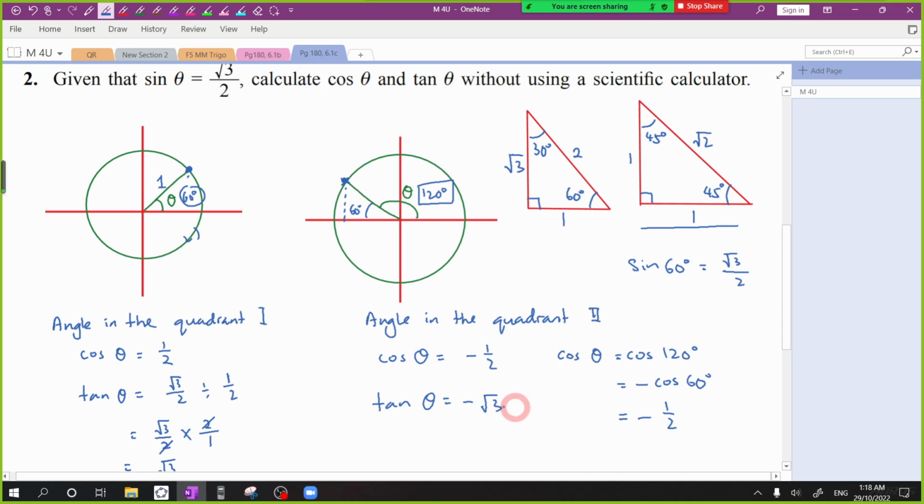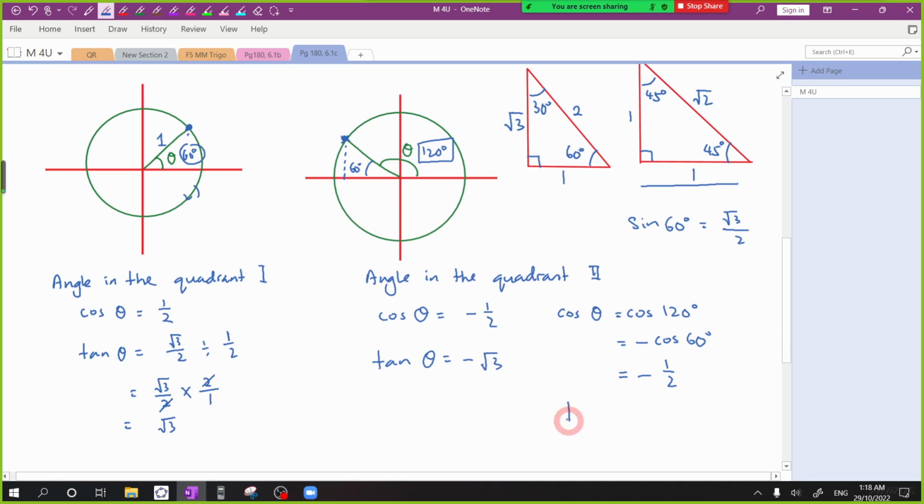Now let's go to tangent. Tangent theta is equal to tangent 120 degree, and the reference angle is 60 degree. Tangent 60 degree. Then we think, should we add a negative sign? ASTC. In this quadrant, only sine is positive.